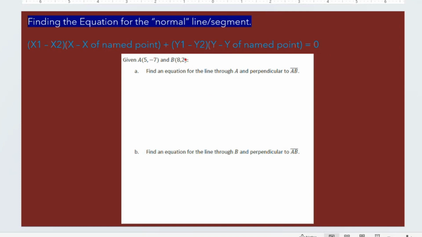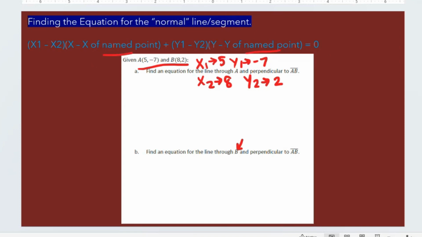So just like the first one, we're going to use these same values. So the x1 and y1 are actually going to be the same. So x1 is still 5. y1 is still going to be negative 7. x2 is going to come from B, so that's going to be 8. And the y2 is its value, which is 2. The difference between the first problem and the second problem here is that we're now going to use B as our named point.